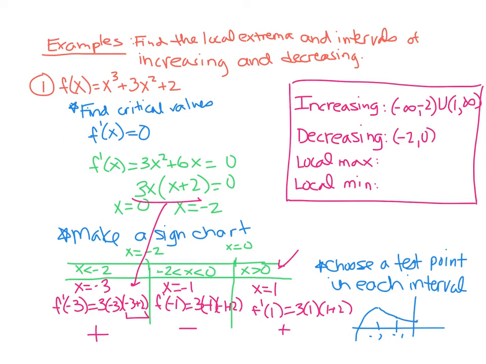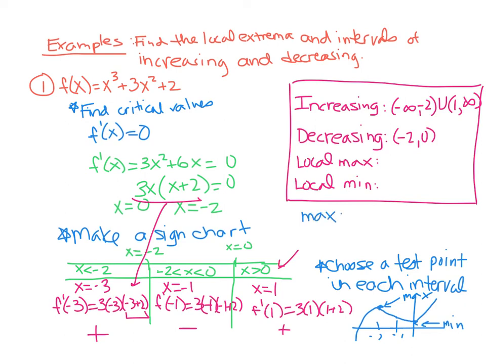Once I get to 0, then it increases again. So it kind of looks like this. If you draw something like that, that's a quick sketch. It is not the actual graph. But you might be able to see then that I have a max at -2 and I have a min at 0. So I think that that's usually pretty helpful.